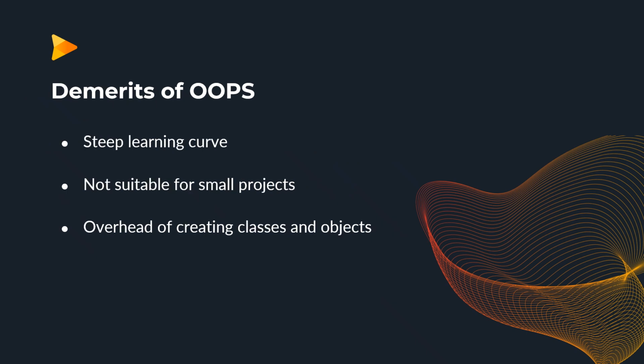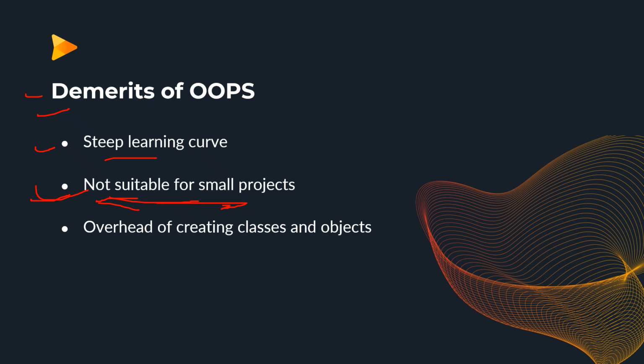Now we are going to see the demerits of OOPS. What are the cons of OOPS? OOPS has a steep learning curve. Then it is not suitable for small projects. We can use procedural oriented programming for our small projects.